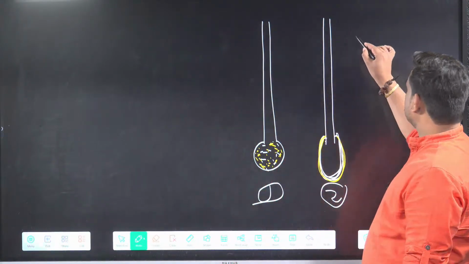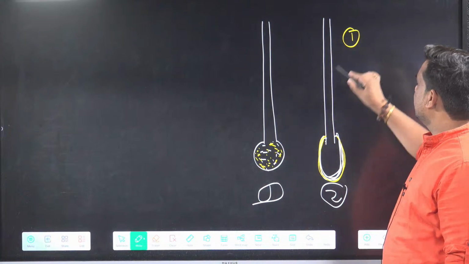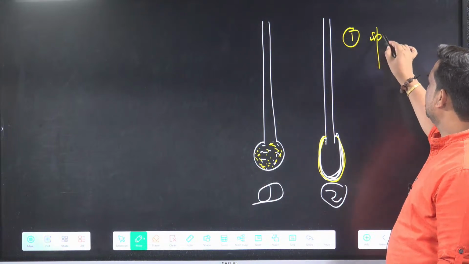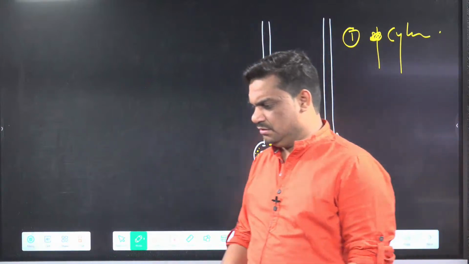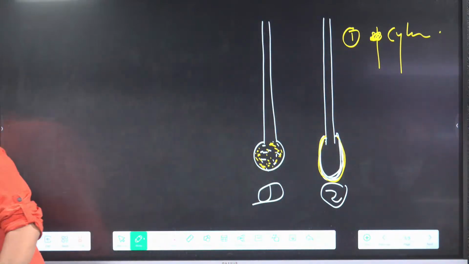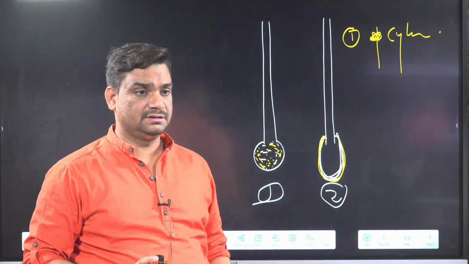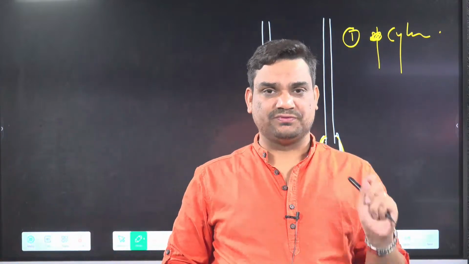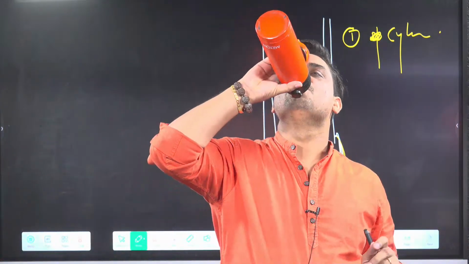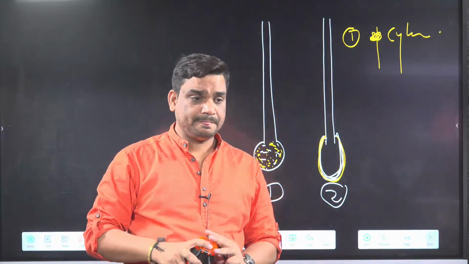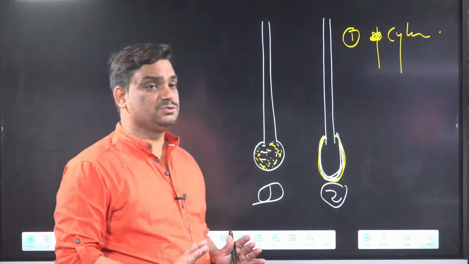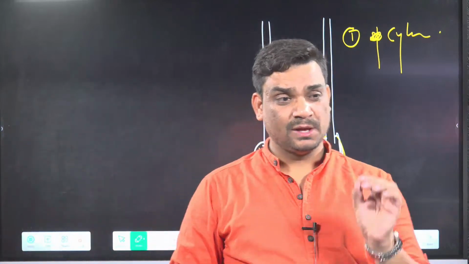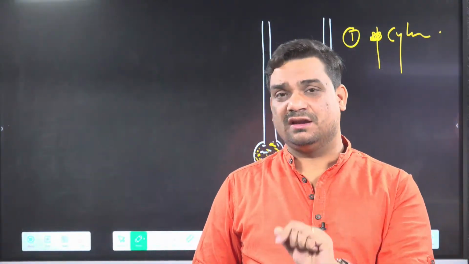So you can write the first point here: cylindrical bulb is preferred over spherical.